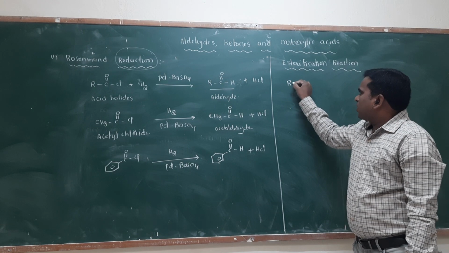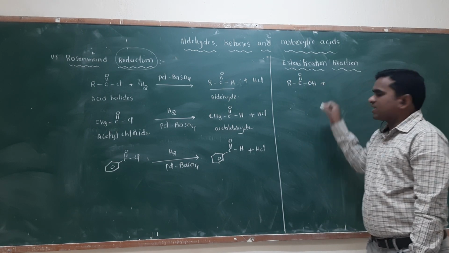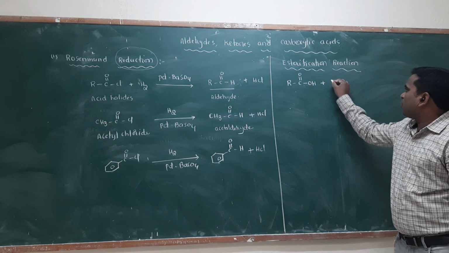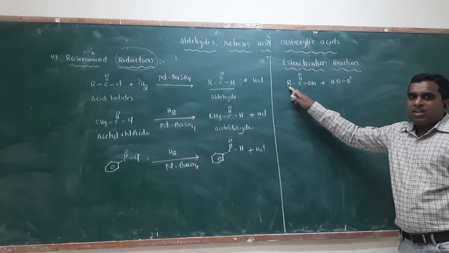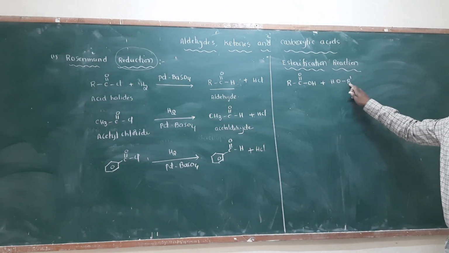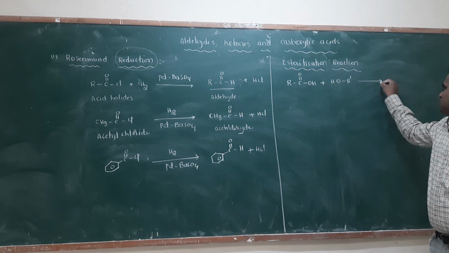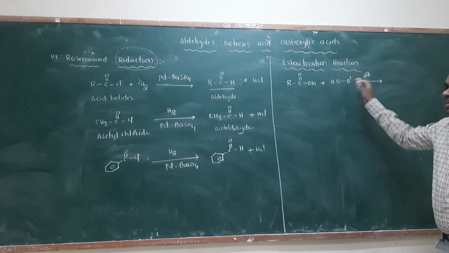Acids, general formula, you know what the acids are? RC double bond OH plus alcohol. You know the general formula of alcohol is ROH. Because here also I have taken R, to differentiate I have given R dash, in presence of which medium here? Acidic medium. And it gives here ester.